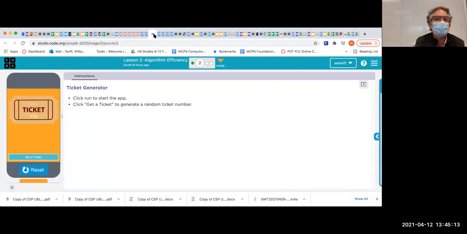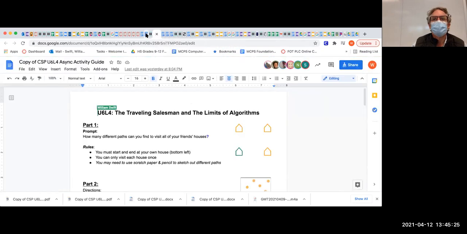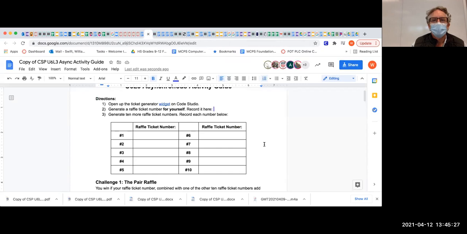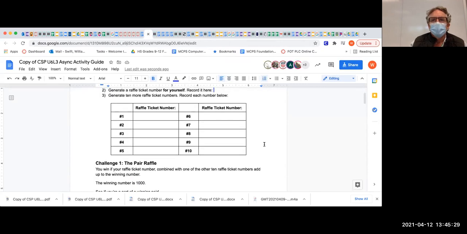So just go to your app, crank out 10 numbers and write them down in that box. That's all you're doing, okay? I'll give you a minute to write down your numbers.